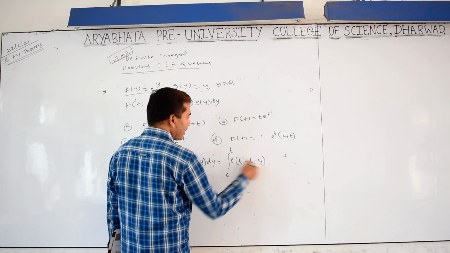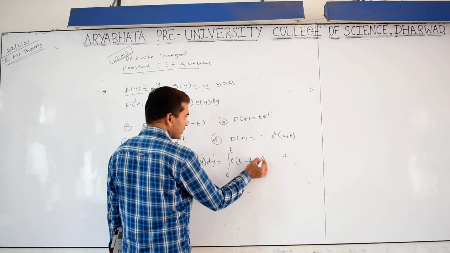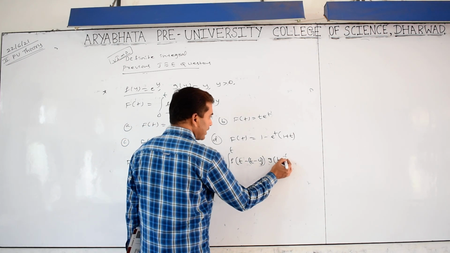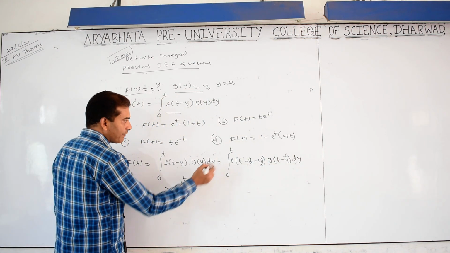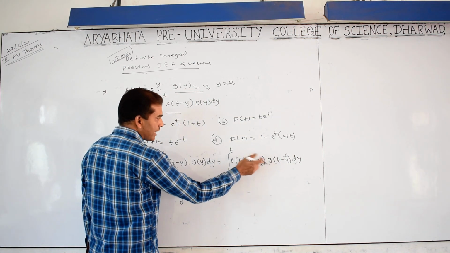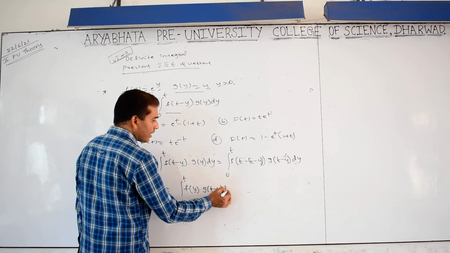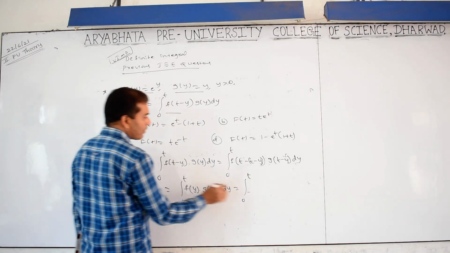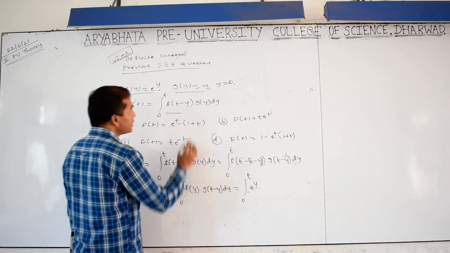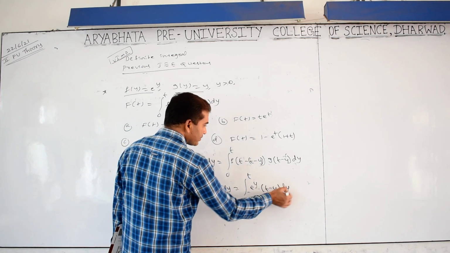T minus y gets cancelled here, minus minus plus, and g of t minus y into dy. 0 to t, f of t minus t gets cancelled, f of y into g of t minus y dy. 0 to t, f of y is e power y, and g of t minus y is t minus y, dy.